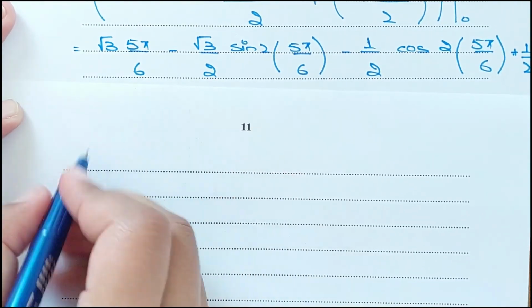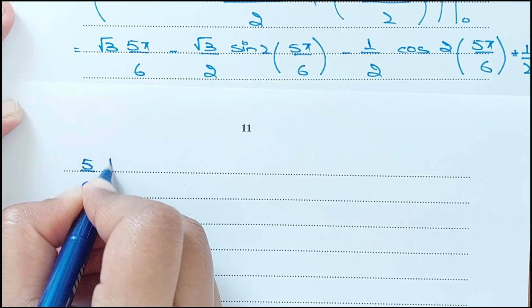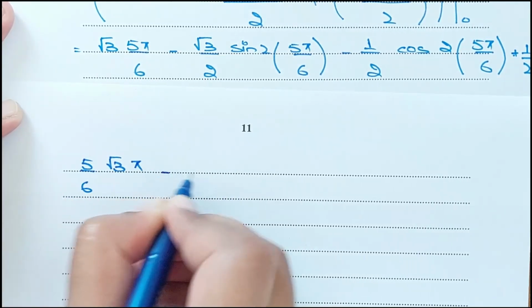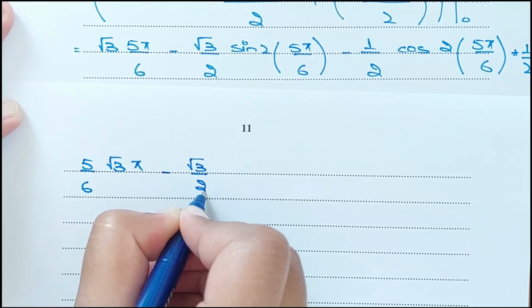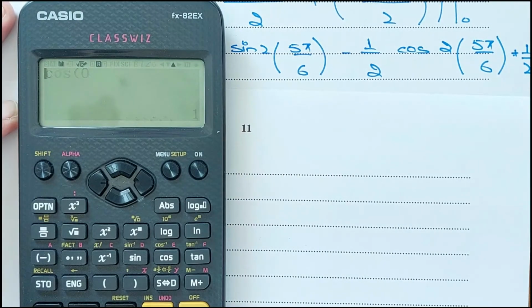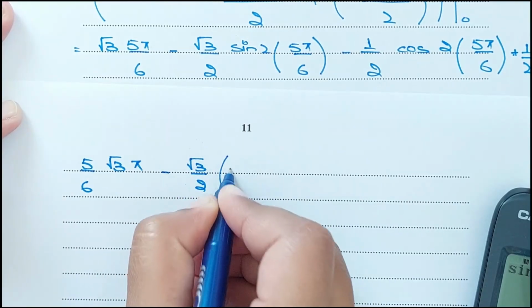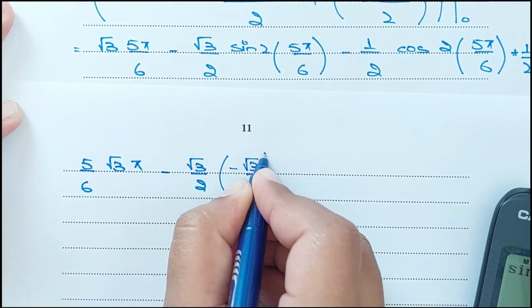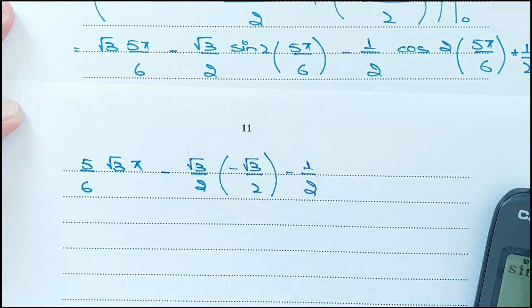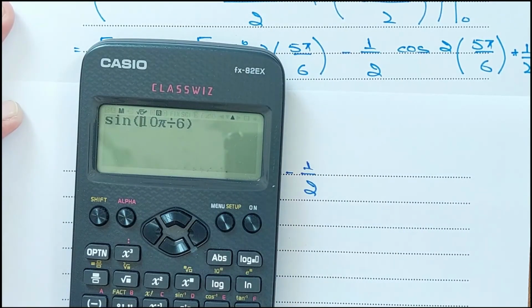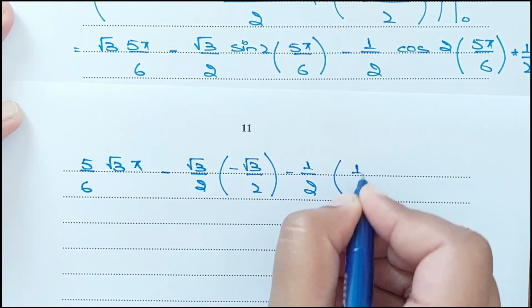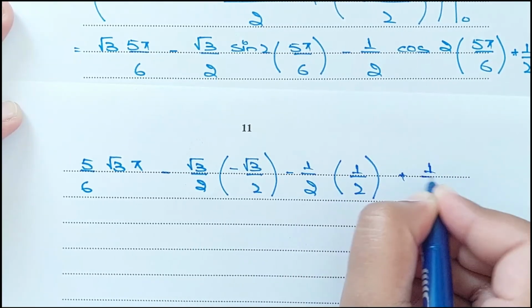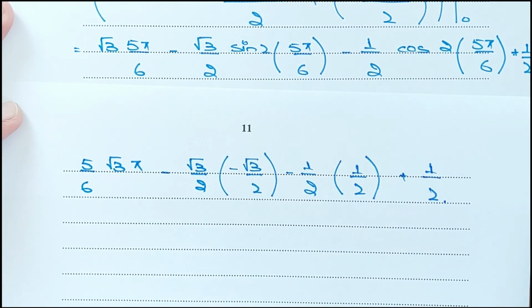So this should be 5 over 6 square root of 3 pi minus square root of 3 divided by 2. 2 times 5 is 10, so sine 10 pi by 6 minus square root of 3 by 2, minus 1 by 2 cos 10 pi by 6, and positive 1 by 2. Okay, let me simplify this further.